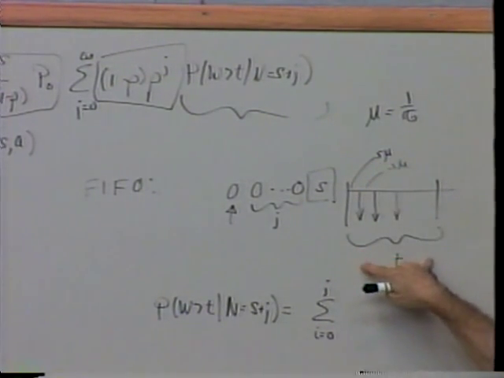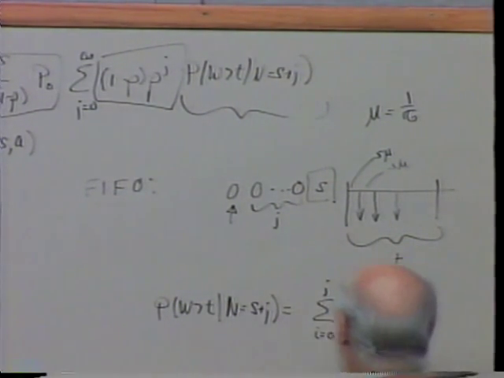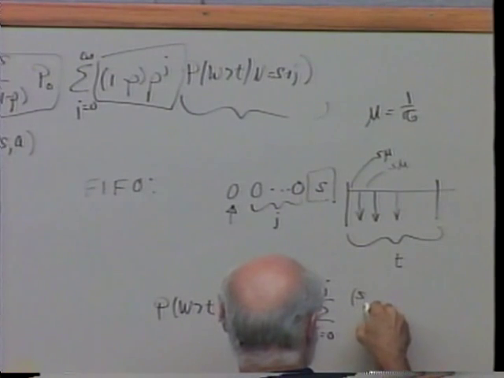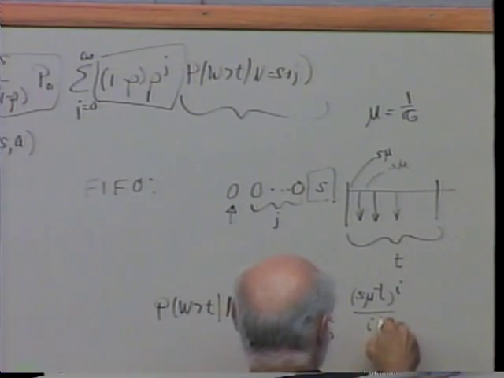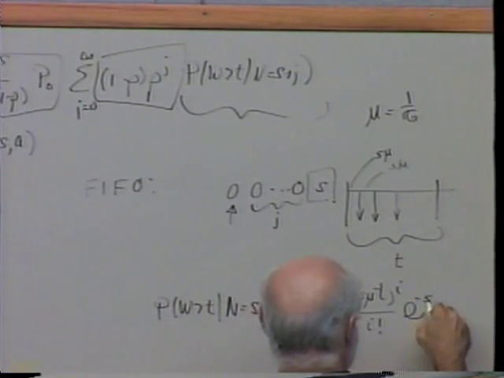So if the length of time is t, the probability that there are exactly i departures in the interval of length t is (S mu t)^i over i factorial, times e to the minus S mu t.